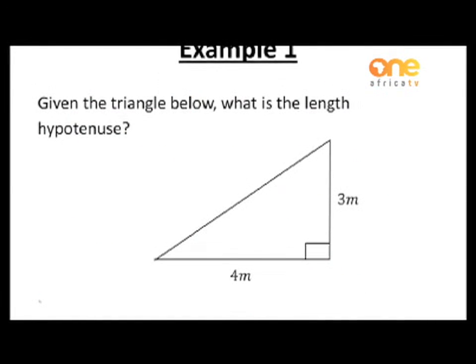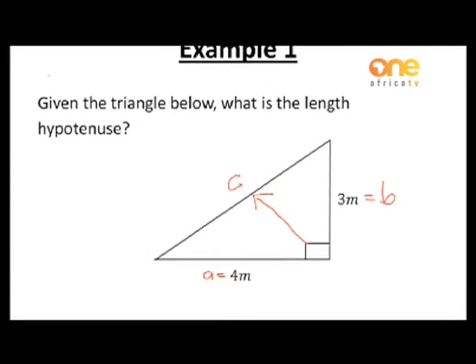Let us look at an example. So given the triangle below, what is the length of the hypotenuse? The hypotenuse is the length opposite the right angle, so it's this. I'm going to call it C. So this means our A equals 4 meters and our B equals 3 meters.